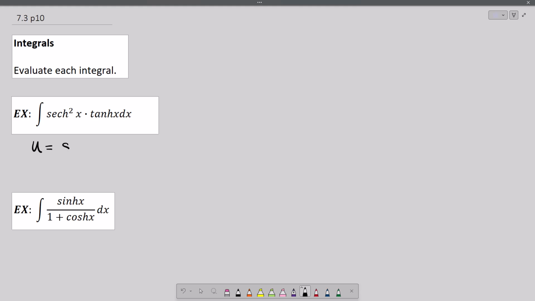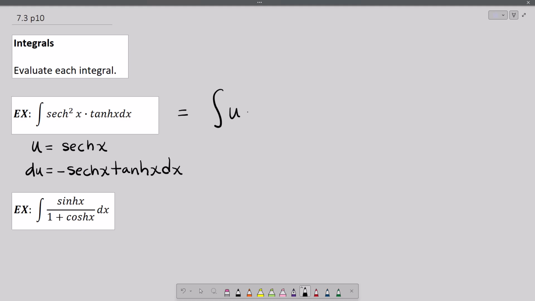So if we let u be sech, then du is minus sech tanh times dx. So our u substitution will be, we're only going to let u be one of these sech's. We're going to think of that sech squared as sech times sech. And then the sech tanh part is here.